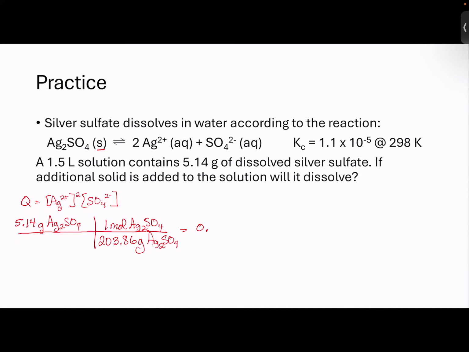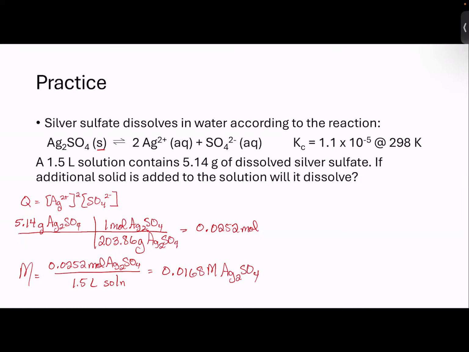So we're talking about 0.0252 moles of silver sulfate. We then get the molarity: 0.0252 moles of silver sulfate is dissolved in 1.5 liters of solution. So we're talking about a concentration of 0.0168 molar silver sulfate.